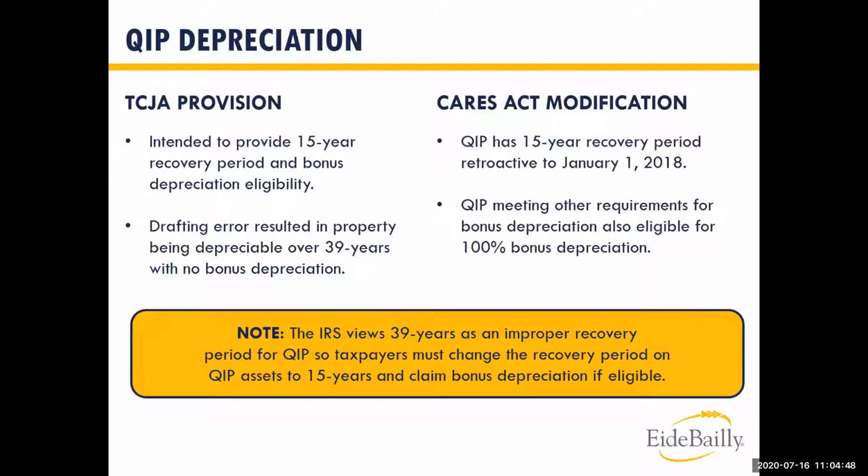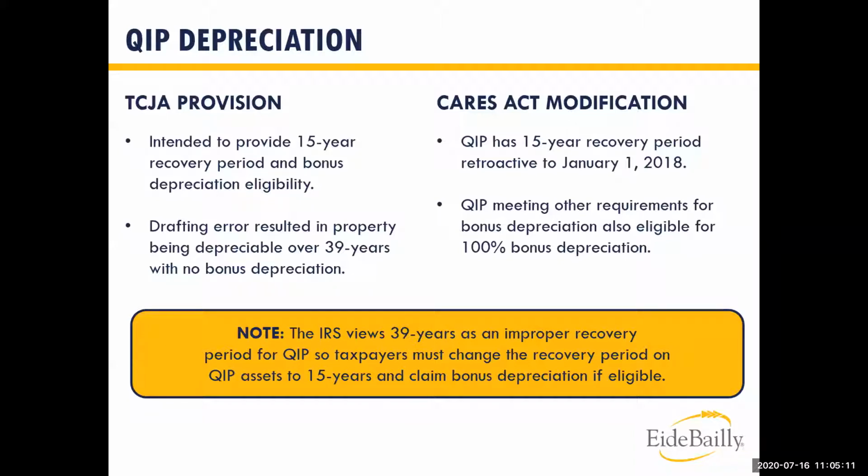The CARES Act has made the necessary technical correction, and QIP should now properly be depreciated over a 15-year life. And if it meets the necessary requirements, it may also be eligible for 100% bonus depreciation. This change is retroactive back to January 1st, 2018.